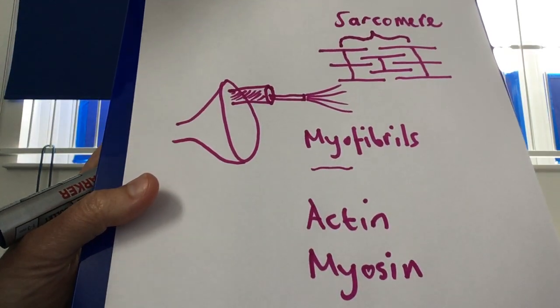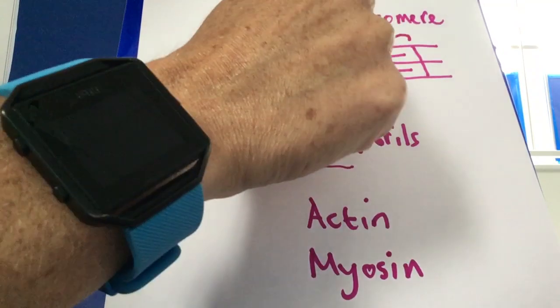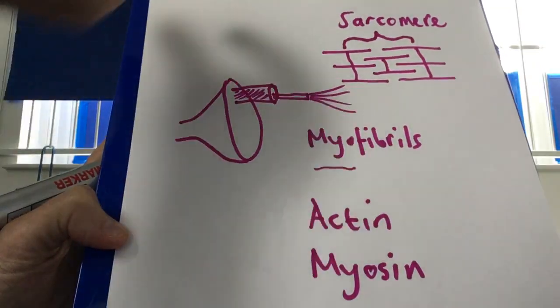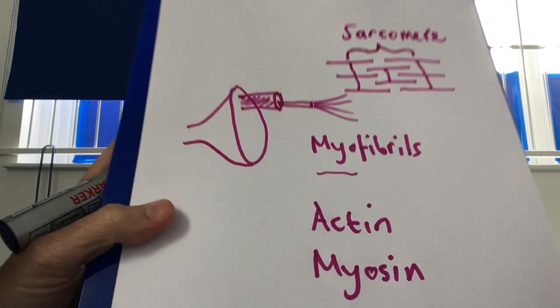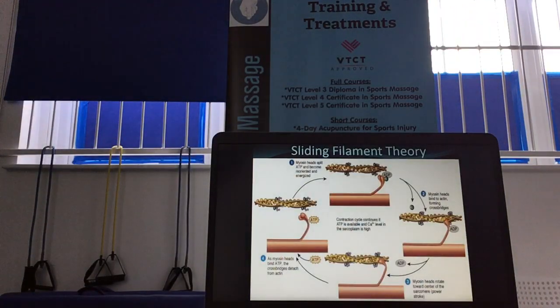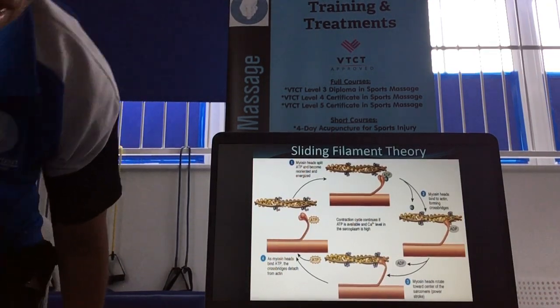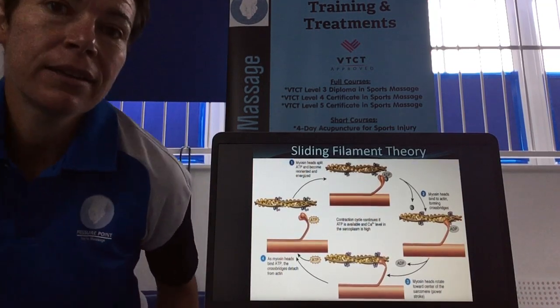And within one muscle fibre, there could be thousands of these, all next to each other, thousands of sarcomeres. So there have been questions in the past that say, what shortens when a muscle shortens? And the easy answer is a sarcomere.